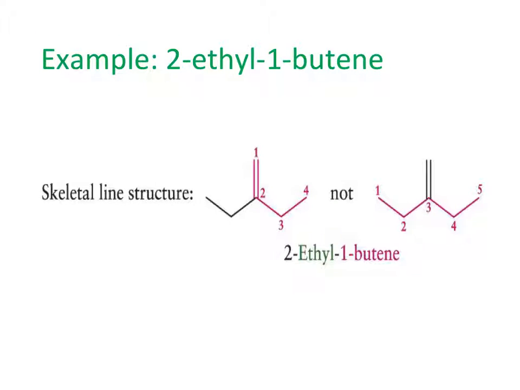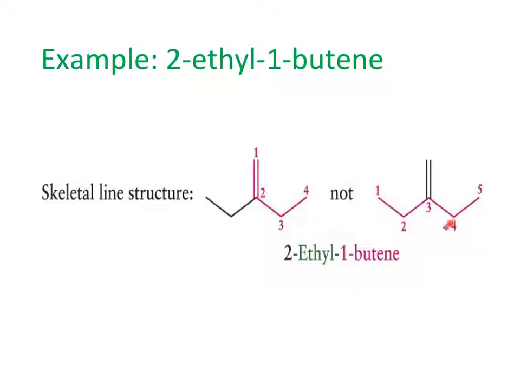And here we see another example. So in this example, we have our 1, 2, 3, 4 carbon atoms. Note that when we're assigning our main chain, this chain actually consists of 5.